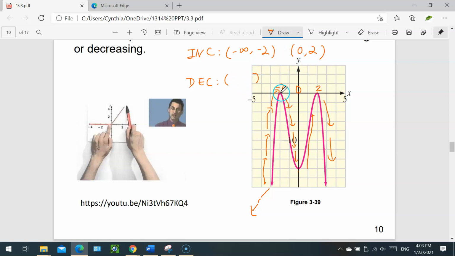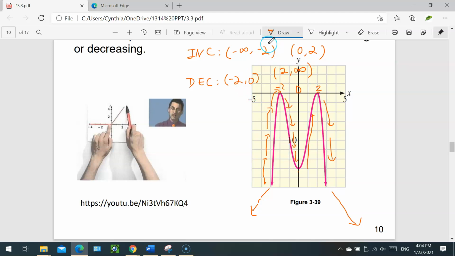For the decreasing interval, it's from -2 up to 0. So record -2, 0. And then after 2, it will keep going down forever. So this arrow tells us it goes down forever on the positive x-axis. So it will be 2, infinity.